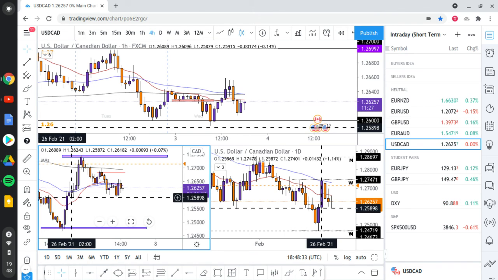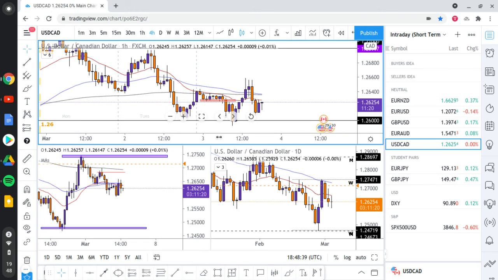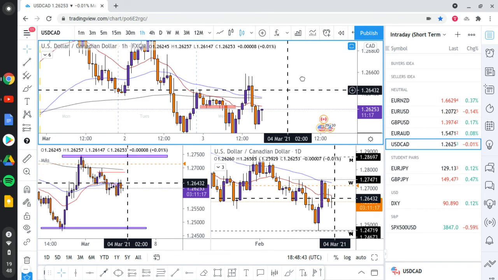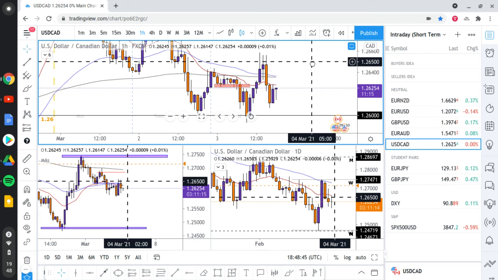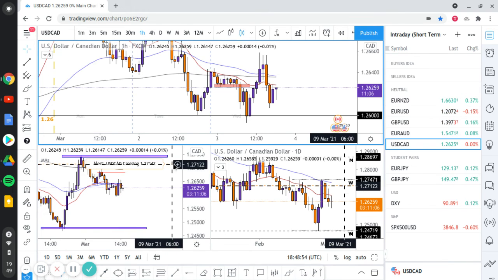So it made sense that something was going to happen back to the upside. But I got the trade, and I was more than happy with that. So yeah, that is the kind of breakdown of the three trades, two wins and a loss.